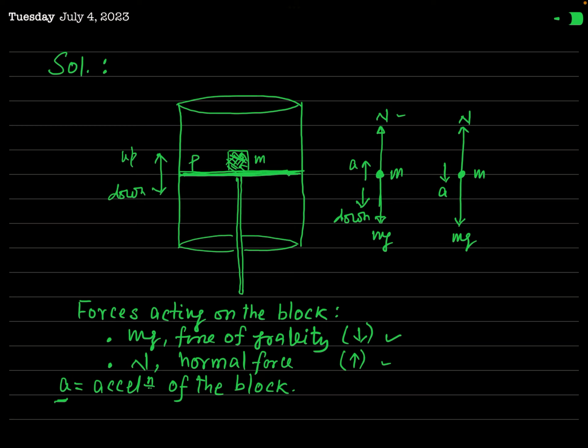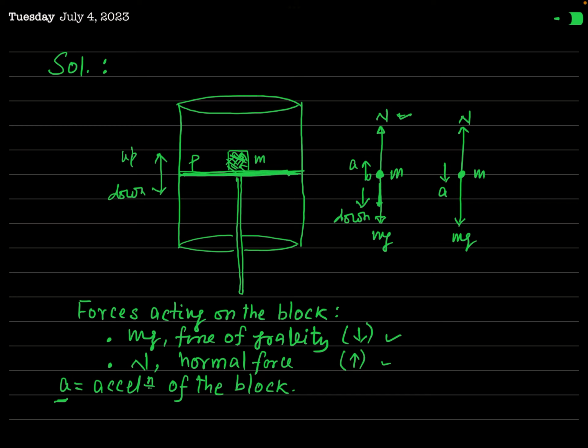upward direction. So according to this figure 1 in the free body diagram, the block is moving down from the equilibrium position. Let us say that this is equilibrium position and block is here. Then acceleration will be in upward direction. And if acceleration will be in upward direction, definitely this force N will be greater than mg.